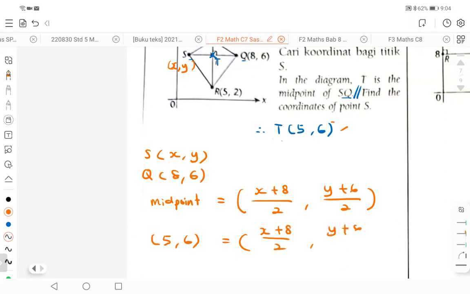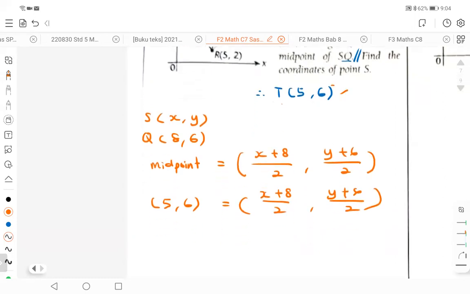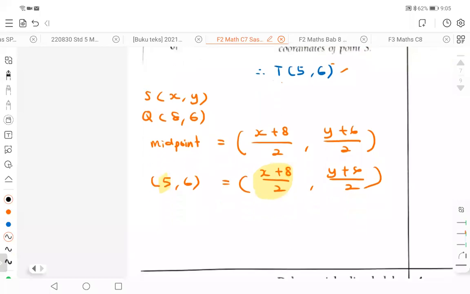Because we already have the coordinate of the midpoint, we just write that. After that, we can find the answer. On the left side, (x plus 8) over 2 equals 5, and the other side, (y plus 6) over 2 equals 6. You can find them separately.